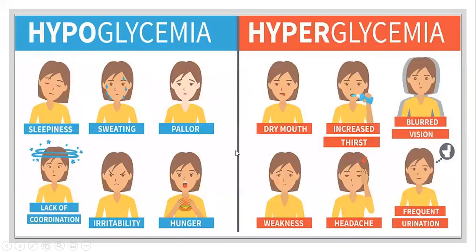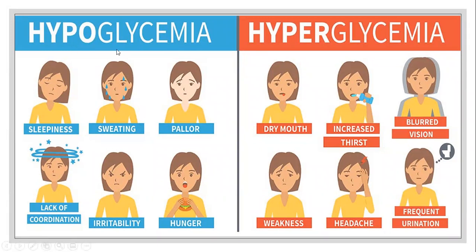Here we can compare and contrast the signs and symptoms of hypoglycemia and hyperglycemia. When my patient has hyperglycemia, we give insulin, right? When the patient has hypoglycemia, we give carbohydrate, IV dextrose, or glucagon.